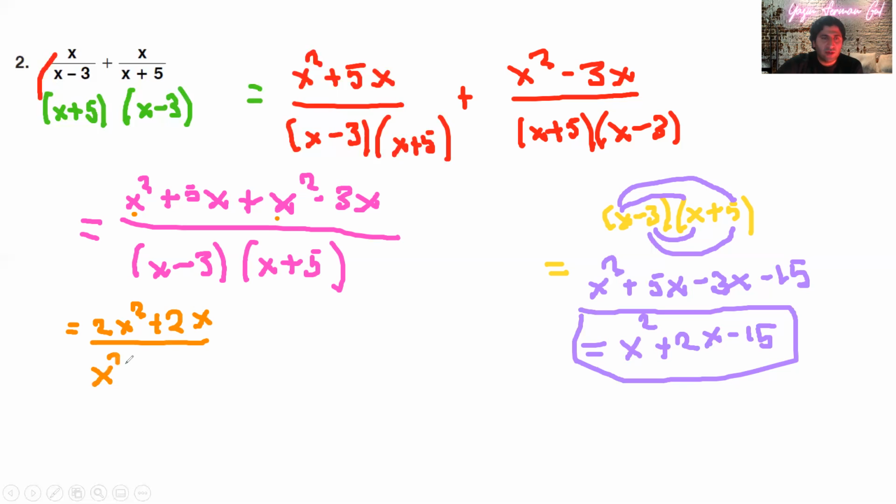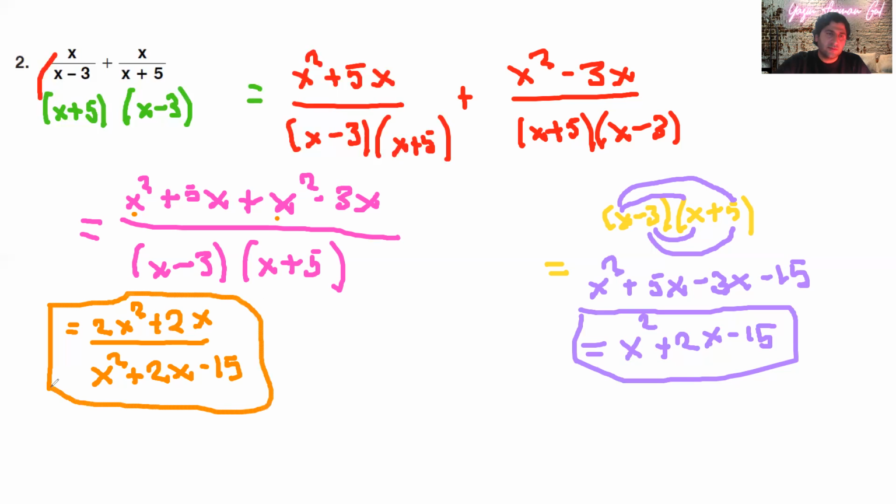I have x squared plus 2x minus 15. Okay, so this is going to be my final answer.